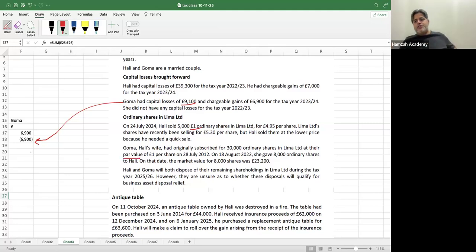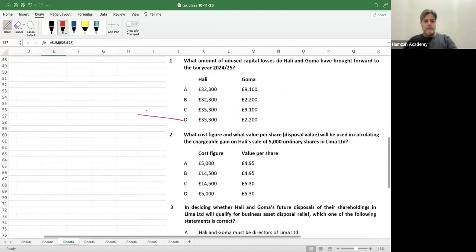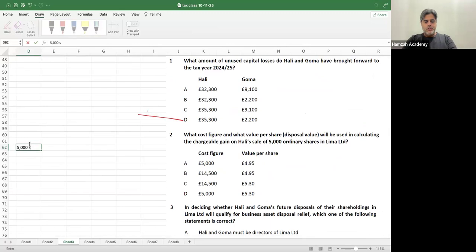They subscribed for the shares at their par value. So these were 5,000 shares multiplied by par value, that's going to be 5,000.